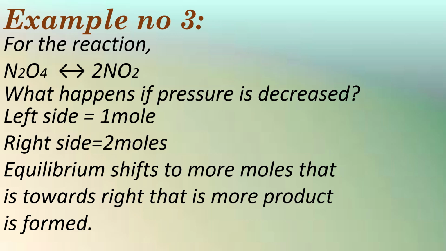So equilibrium shifts to more moles, that is towards right, that is, more product is formed. So by decreasing pressure, volume should be increased and equilibrium will shift to that side where there are more moles. You can see on left side there is 1 mole, on right side there are 2 moles. So more product is formed, more NO2 is formed.